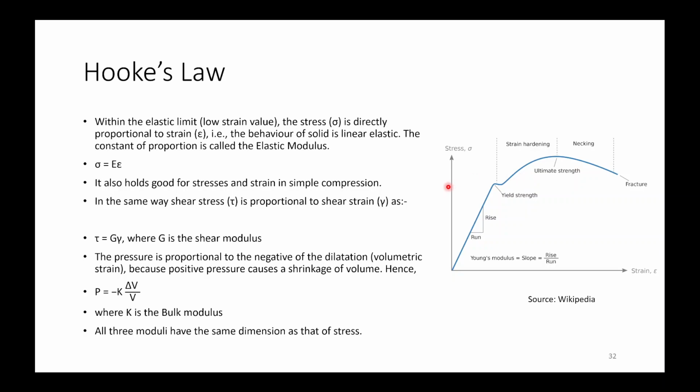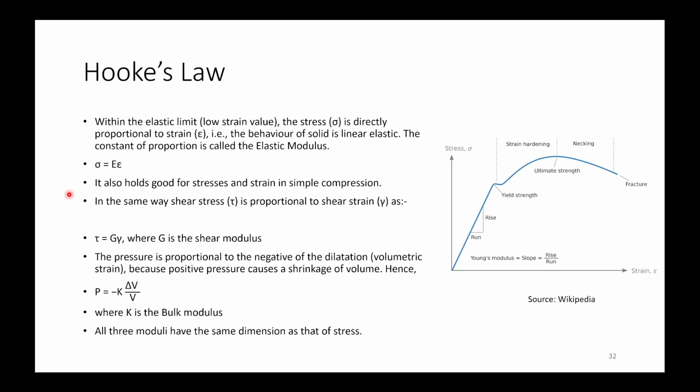In case of deformation, in the elastic part, we see that stress is proportional to strain, and the behavior of the solid is linear elastic, and the constant of proportionality is called the elastic modulus. So sigma equals capital E times e.